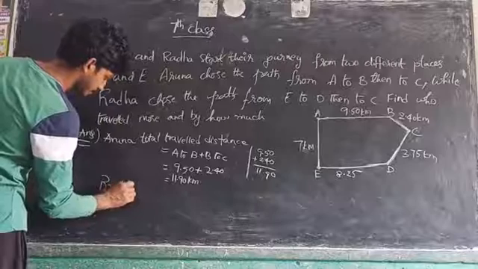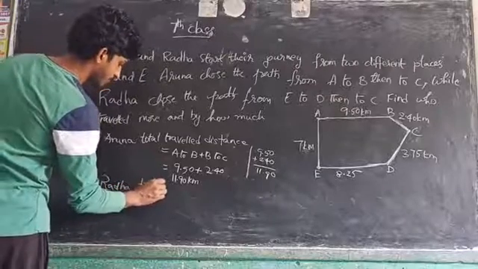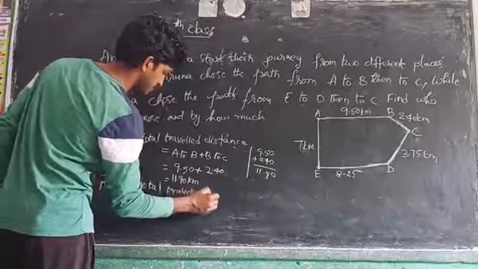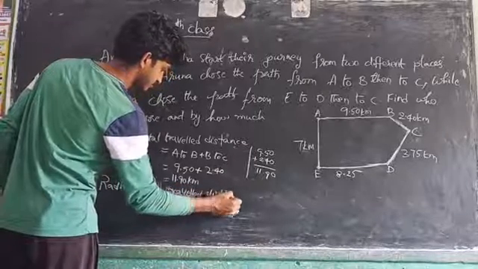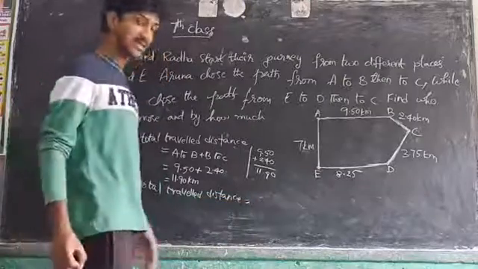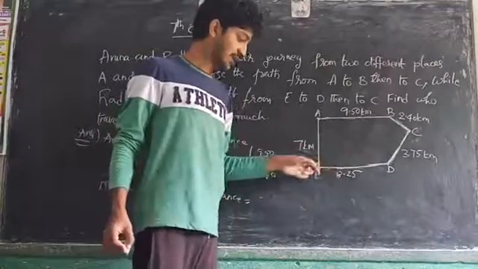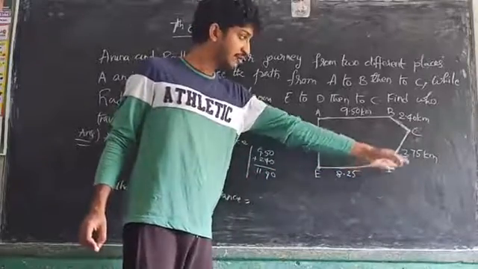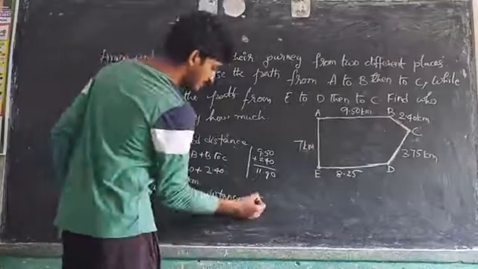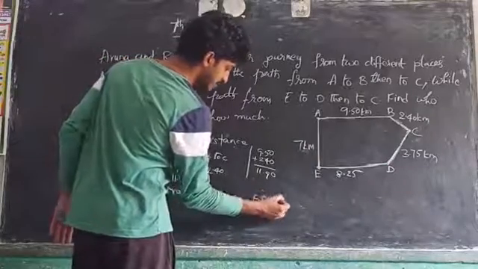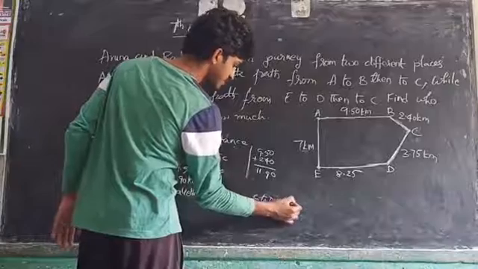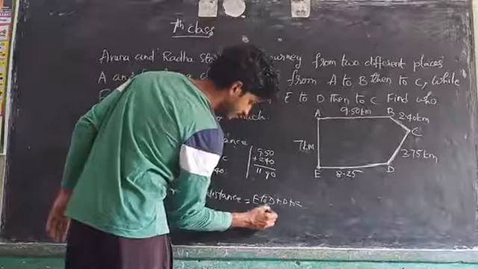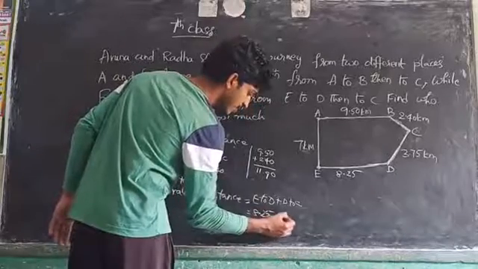Radha's total travel distance is equal to, Radha started from E to D. Started from here E and then from here to D she traveled first. Then D to C. So the distance between E and D plus the distance between D and C. So E to D is 8.25 kilometers and D to C is 3.75 kilometers.